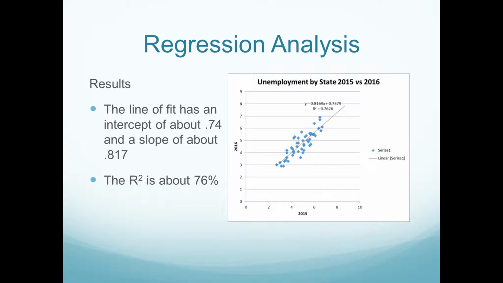Then it also says that the slope of this line is about 0.817, let's call it. Well, the good news is that's positive.